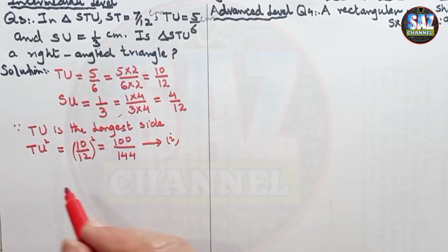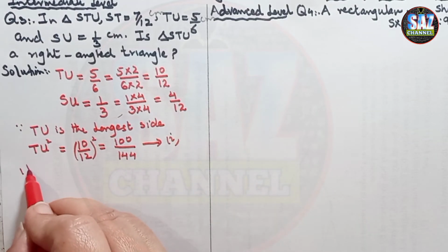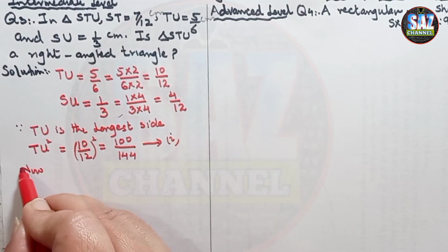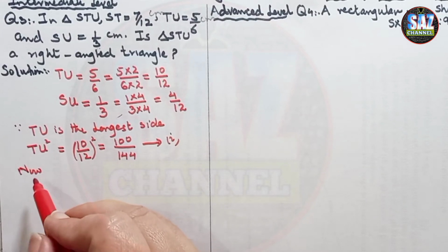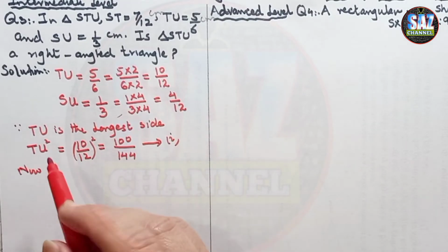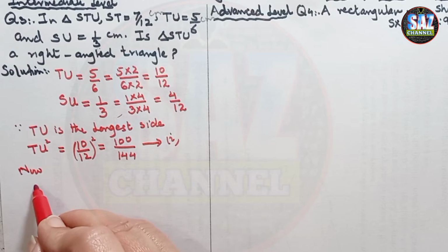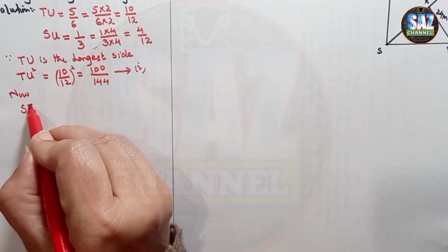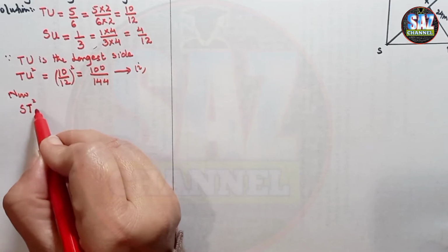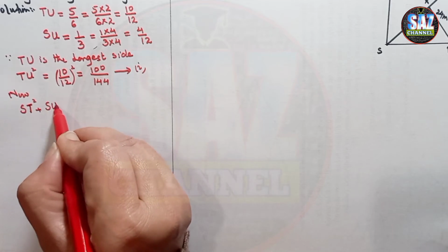And coming to the shorter sides, now if the previous lesson is clear and easy for you, then this lesson will not be difficult at all. ST square plus SU square.